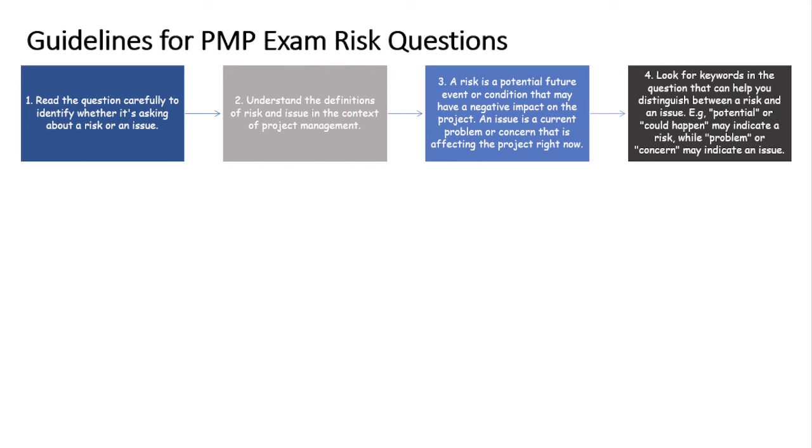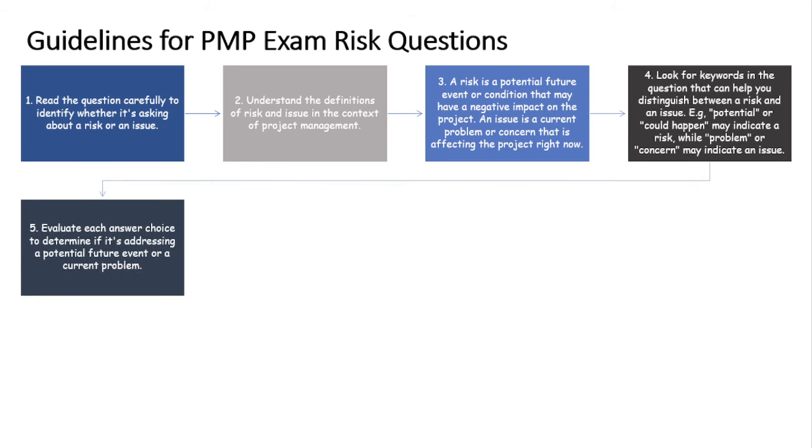Number 4, look for keywords in the question that can help you distinguish between a risk and an issue. The word potential or could happen may indicate a risk, while the word problem or concern may indicate an issue. Number 5, evaluate each answer to determine if it is indeed addressing a potential event or a current problem.